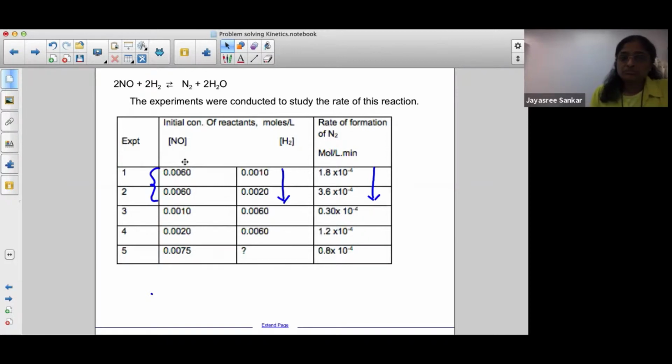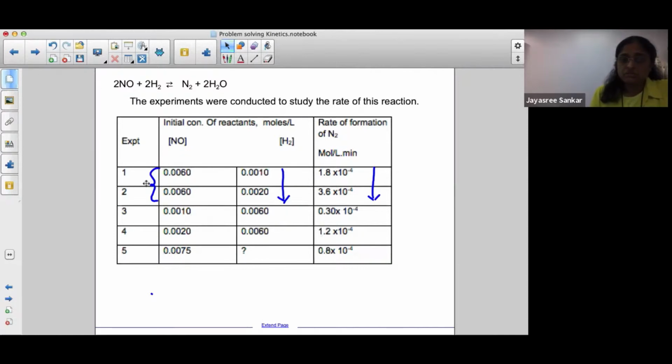So in order to find the effect of hydrogen on the overall rate of the equation, you have to pick 2 experiments in which nitric oxide is kept constant without changing the concentration, and the hydrogen concentration should be changing.